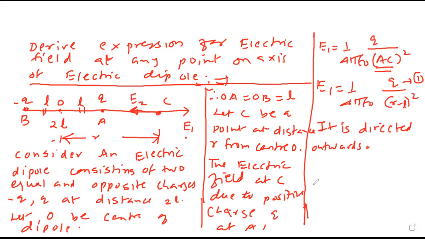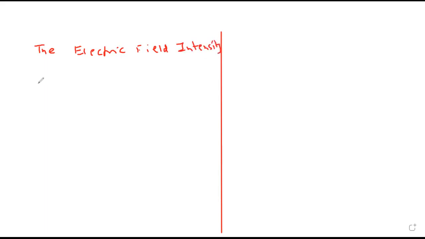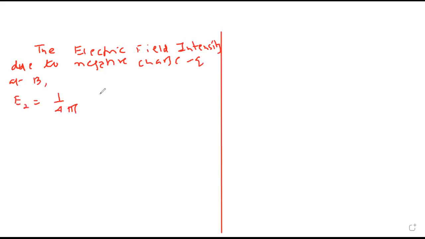Can you suggest what will be the distance between B and C? R plus L. The electric field intensity due to negative charge minus Q at B, E2 equals 1 upon 4 pi epsilon, minus Q upon BC square.